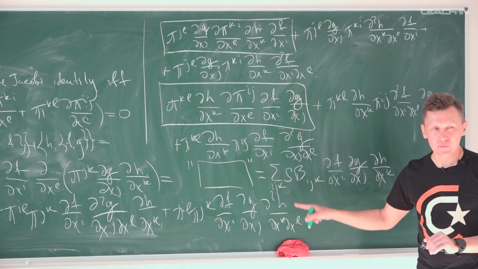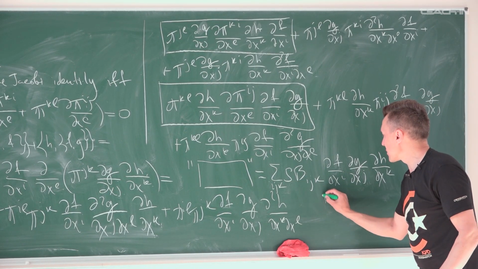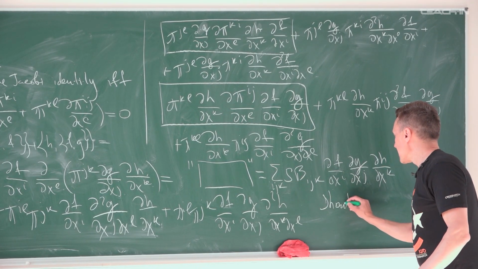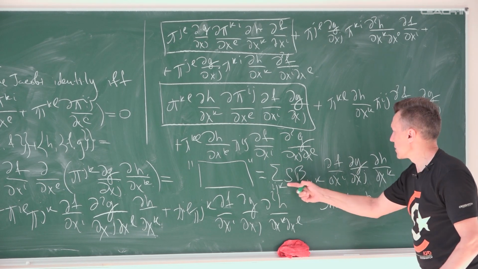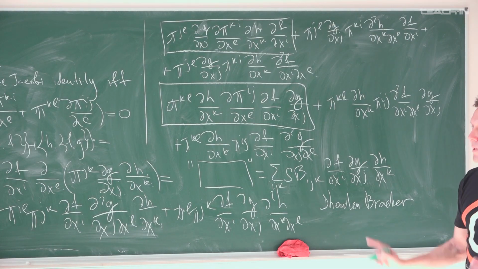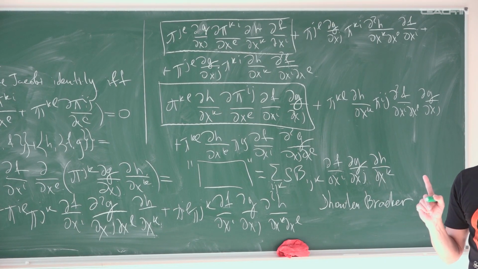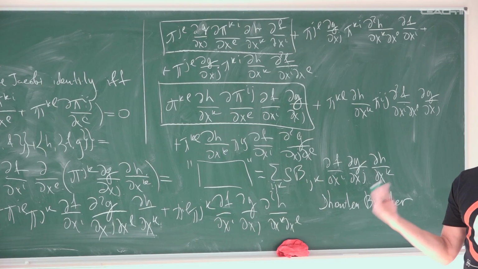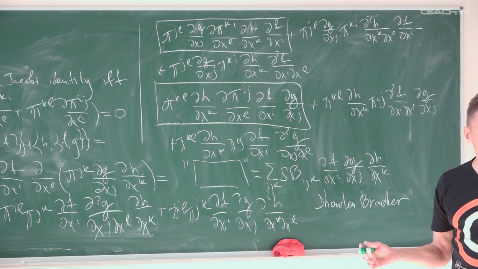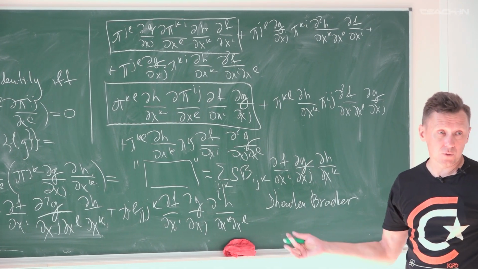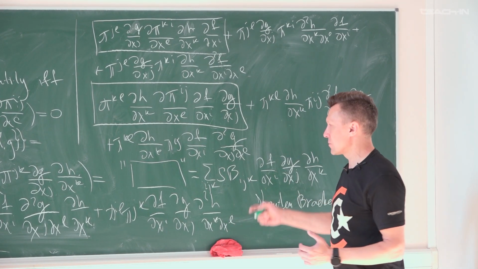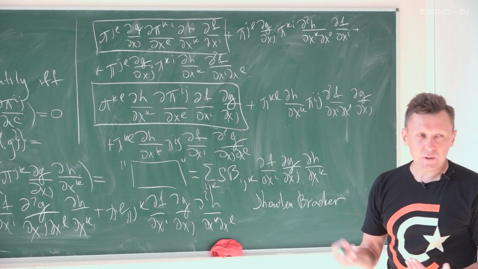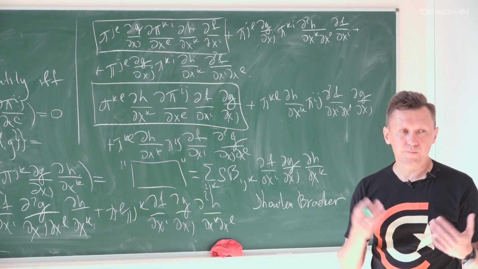But this term is very important. It is called the Schouten bracket. This one is the Schouten bracket of the bivector with itself. It appears in the modern concept of deformation quantization in quantum mechanics, quantum field theory. So it is a very good abstract way to define Poisson structures.